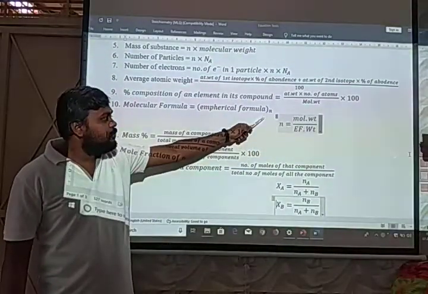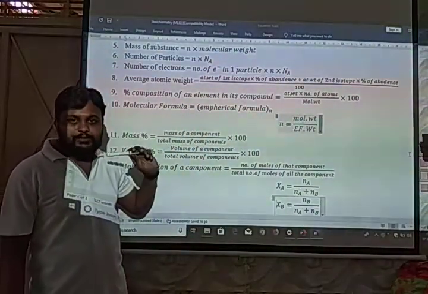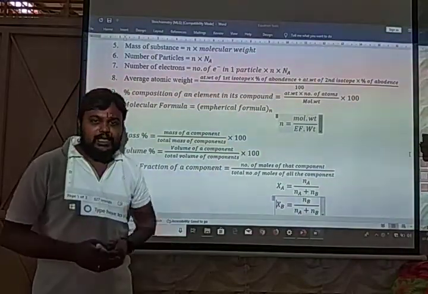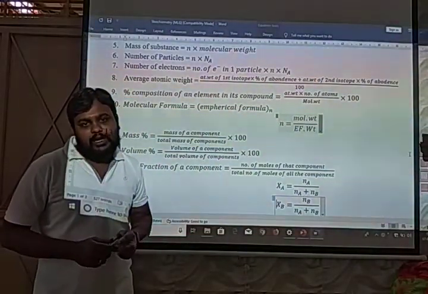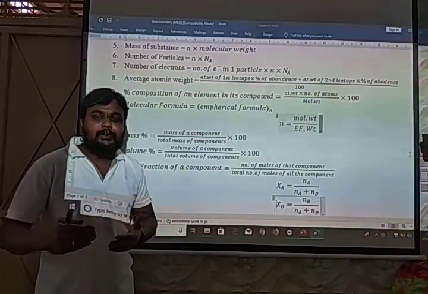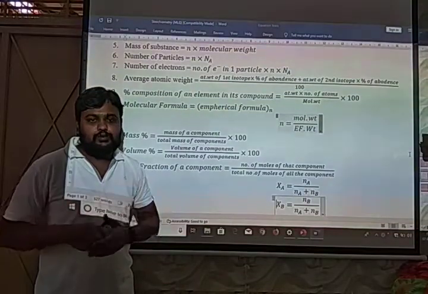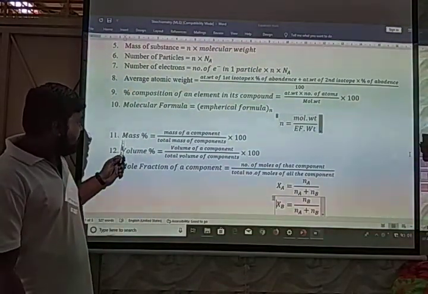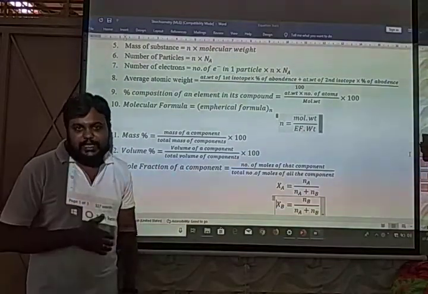If you substitute the n value here, you will be getting the molecular formula. And one more relation is there here. Using vapor density also you can find the molecular weight. So molecular weight equal to vapor density into 2.